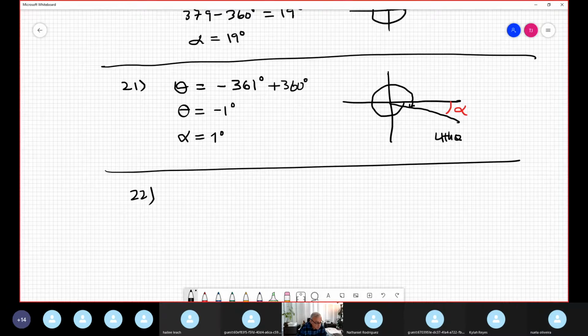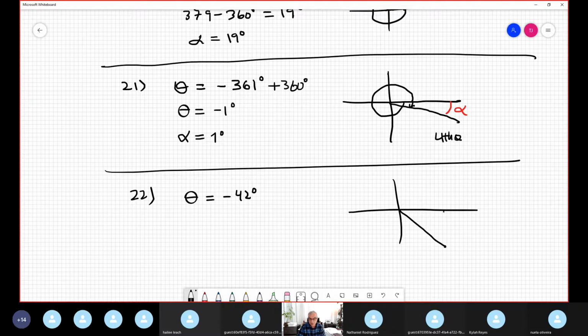Yes. 22. 22 is minus 42 degrees. Okay, theta, again, is negative 42 degrees. In what quadrant does this lie? Well, it's negative, so it's a clockwise rotation. Negative 42 degrees.